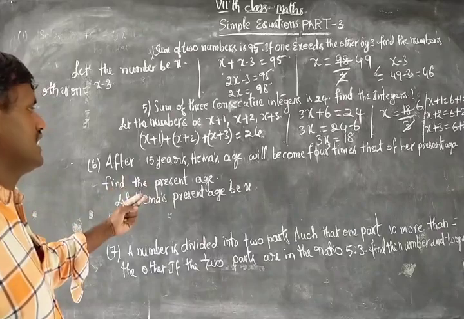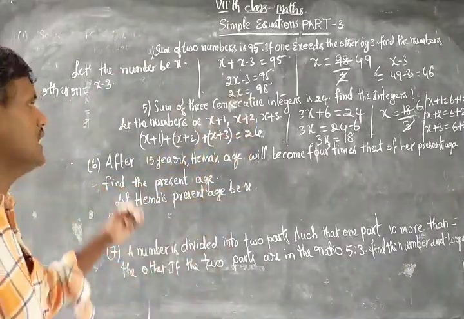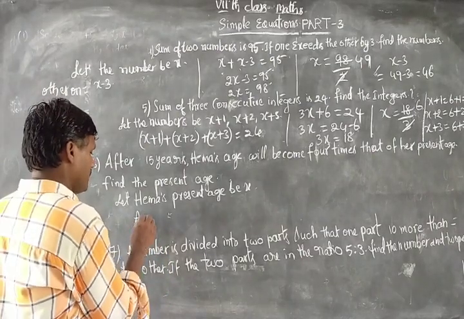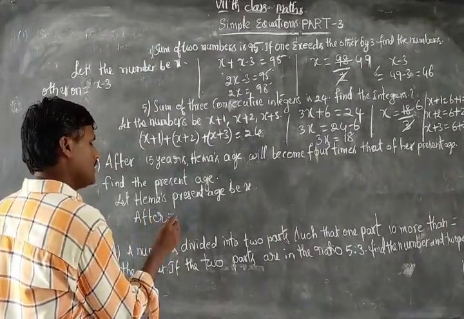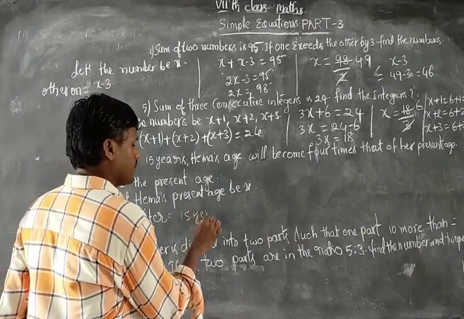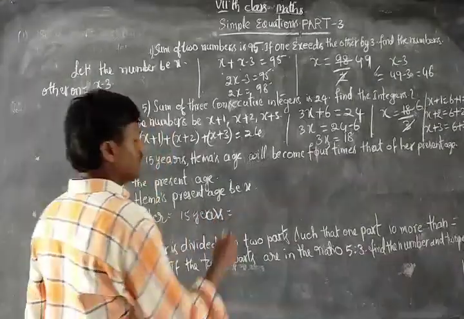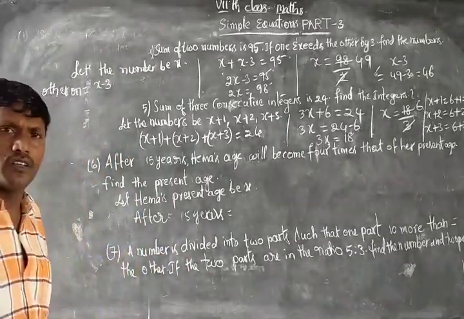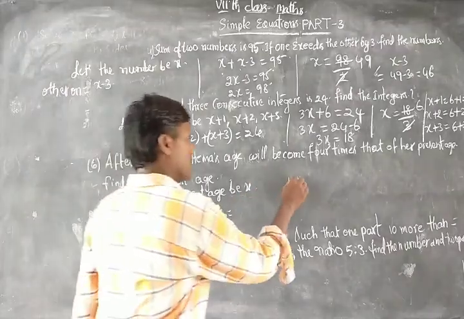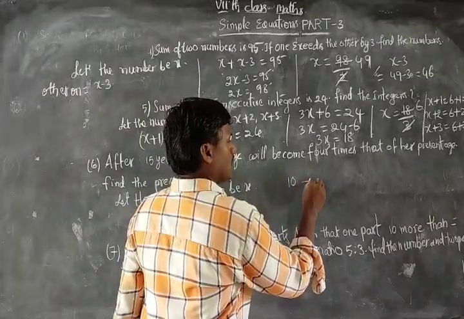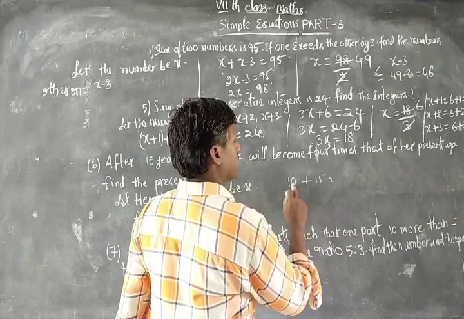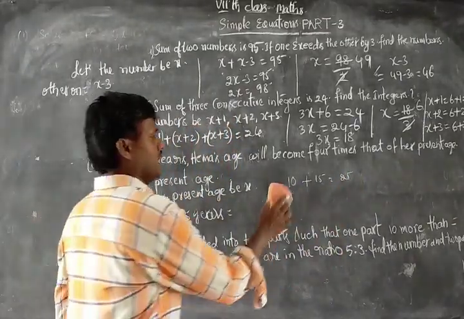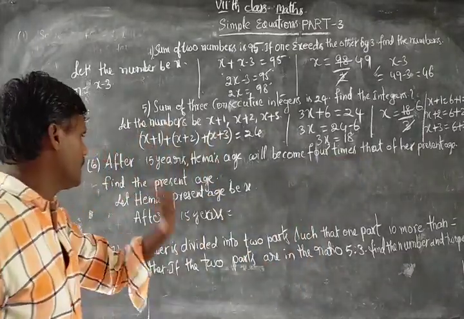But he said that after 15 years, her age will be different. For example, say my present age is 10 years. What about my age after 15 years? We take 10 plus 15, which is 25 years. We have to add that number.